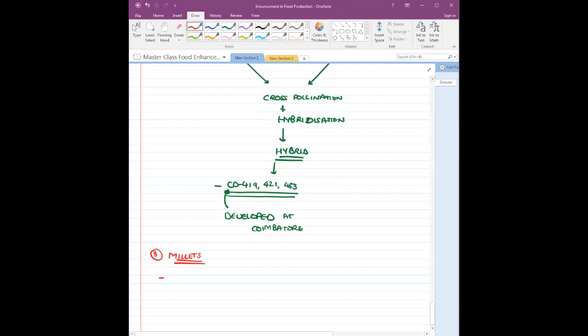So we have done the same kind of hybridization and produced hybrid maize. Guys, remember the names are very important: hybrid maize Ganga 3. We have hybrid Jowar, Coimbatore 12, and we have Bajra. All these things have been done.